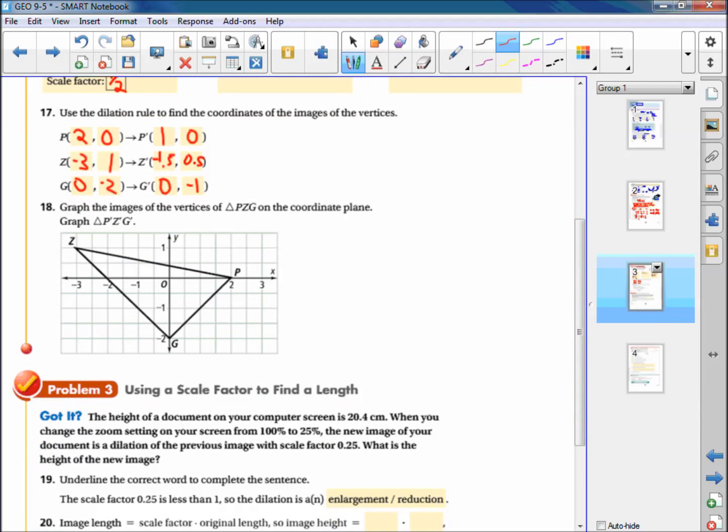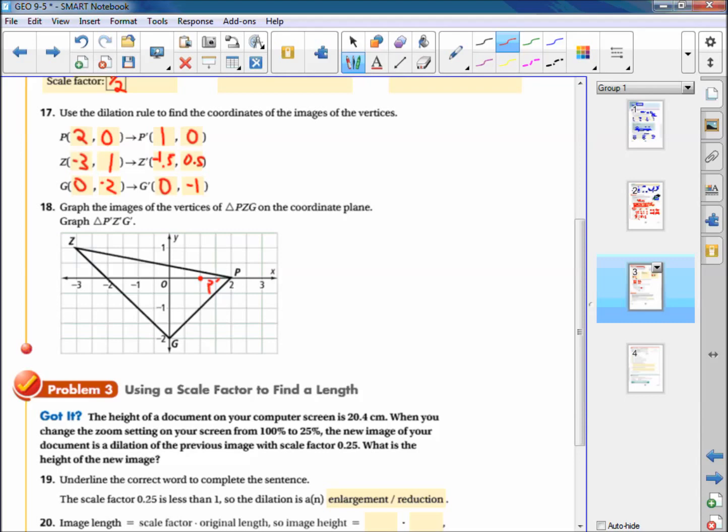So we've done what we think is our scale factor times the coordinates, and let's see if it works out right. Okay, so let's see. P is supposed to change to its new image at 1, 0. So 1, 0 is going to be right here. Notice the scales are going by halves. So this will be P prime. Z changed to -1.5 and 0.5.